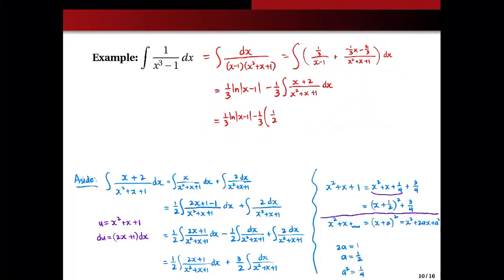It's just 1/2 integral of 2x plus 1 over x squared plus x plus 1 dx, then plus 3/2 integral of dx over quantity x plus 1/2 squared plus 3/4. And then close parenthesis here.